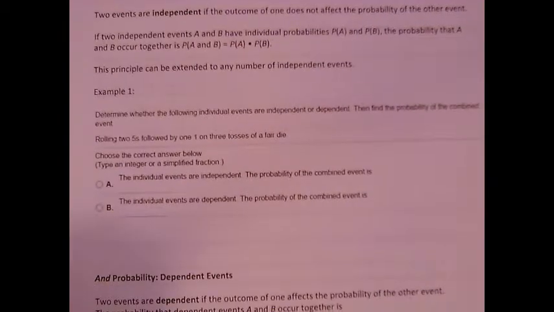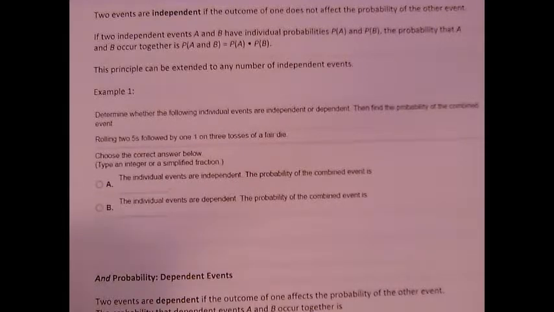So like in this first example here, we're going to determine whether the following individual events are independent or dependent. Then find the probability of the combined event. In this case here, rolling 2 5s followed by 1 on 3 tosses of a fair die.